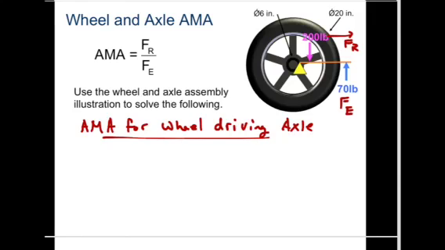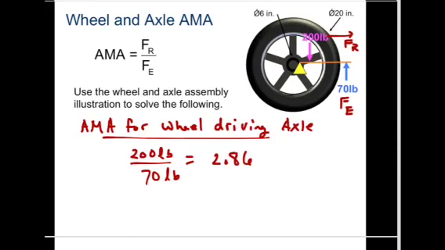So we're trying to drive the axle, which means the axle is going to be resisting. To get the actual mechanical advantage, you take the force of the resistance, which is 200 pounds, and divide it by the force of the effort, 70 pounds. And that's 2.86.